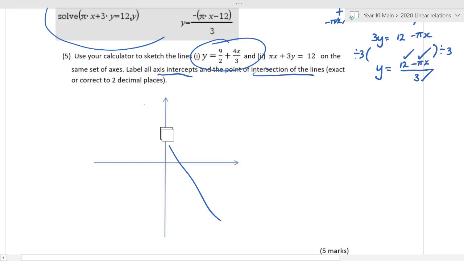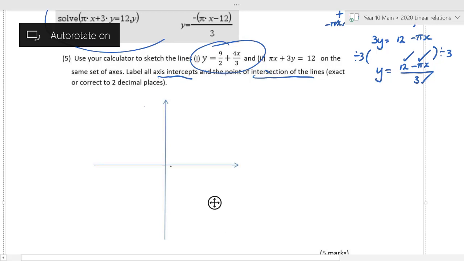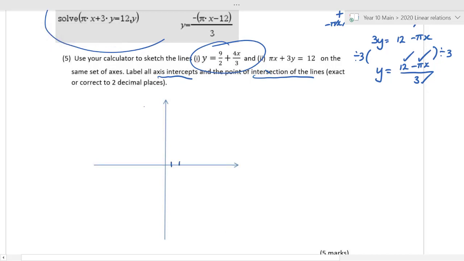So what we're going to do is we're going to do it to some scale here. I'm going to use the scale of my calculator, which is this. 1, 2, 3, 4, 5, 6, 7, 8, 9, 10. Okay, that's 10. And let's label this with X. And I'm also going to label this with Y. Okay, now that's negative 1, 2, 3.